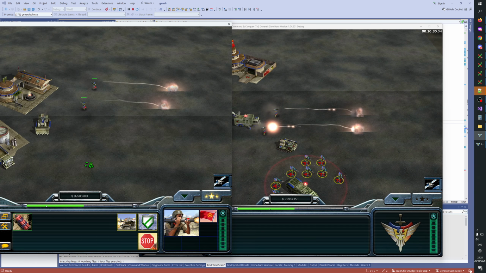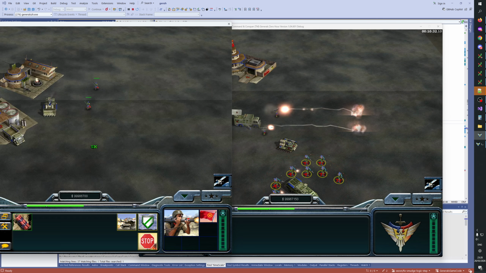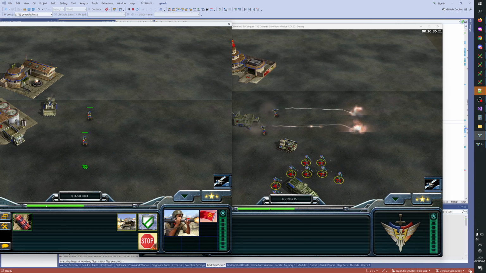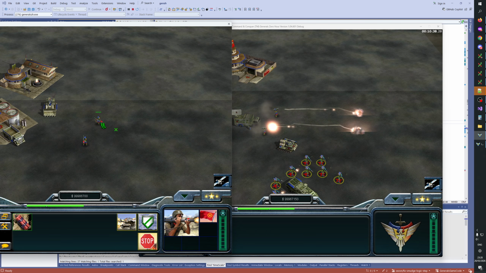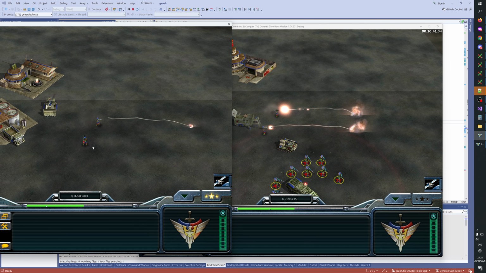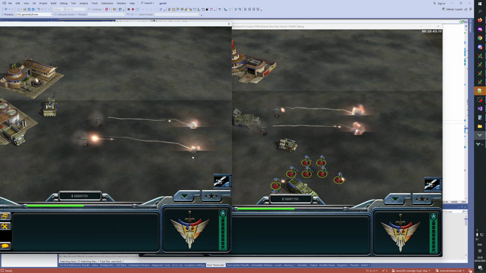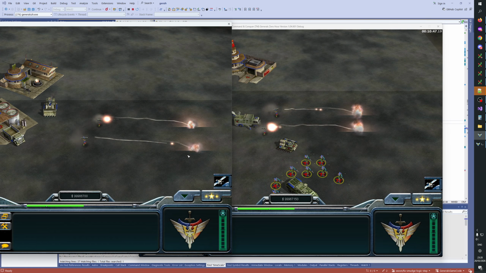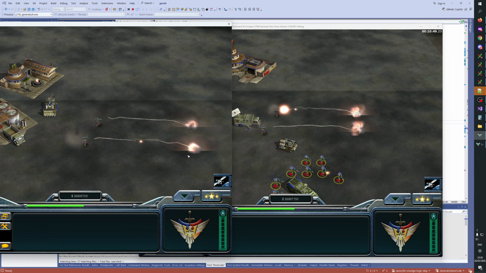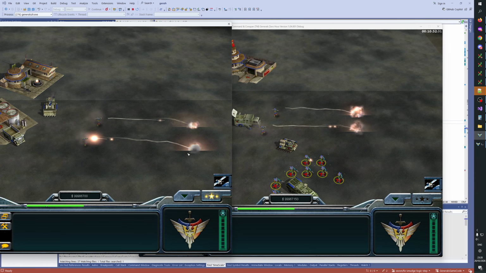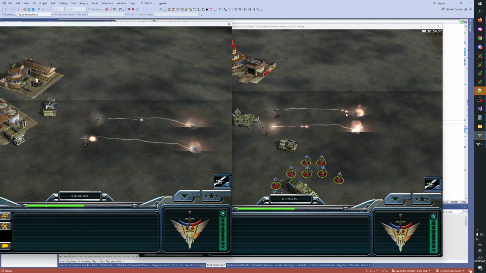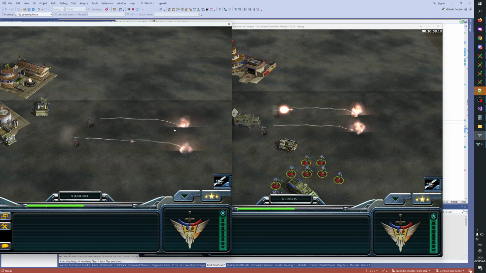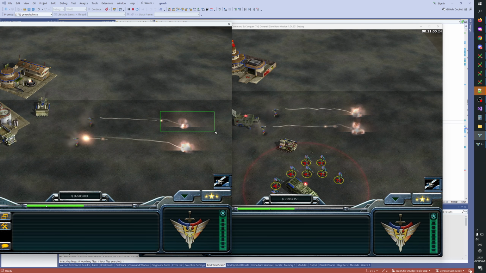Maybe move them down also to the darker terrain here, so that the comparison is closer. The light looks very similar here, this one, right? Looks very similar.